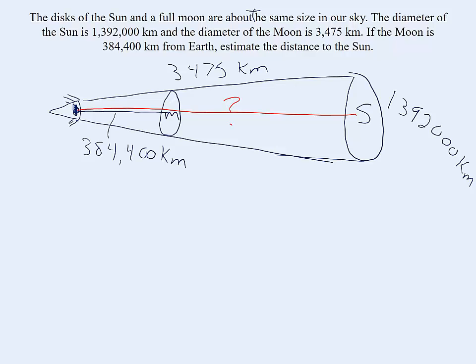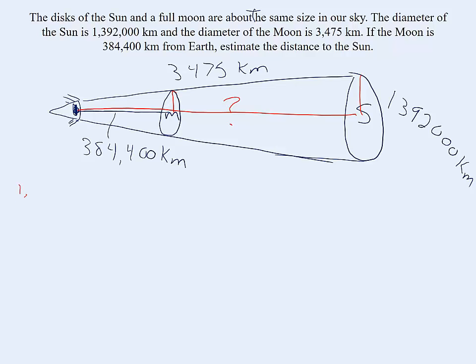Well, our eye is obviously significantly smaller than this in real life. Since these two objects subtend the same angle in our eye, that must mean that we have similar triangles again. So we can set up ratios of our similar triangles between the radii of the objects and the distances they are from our eyeball.